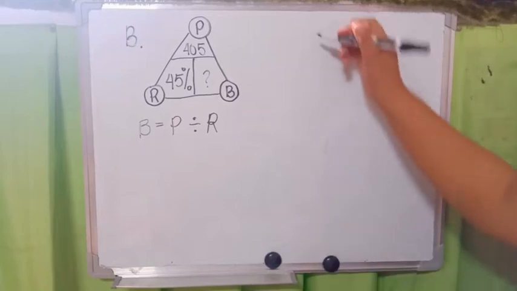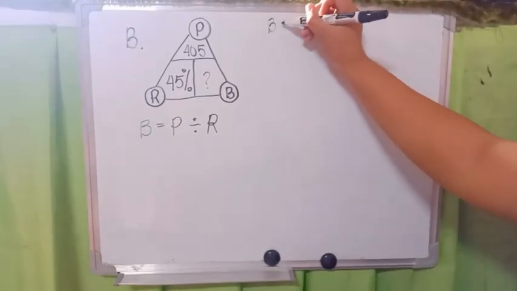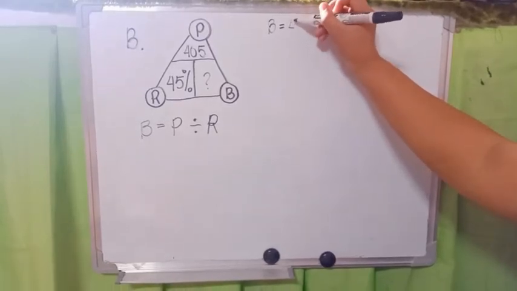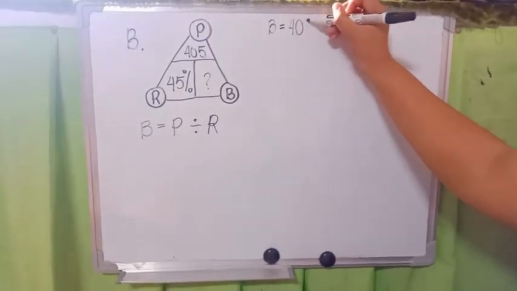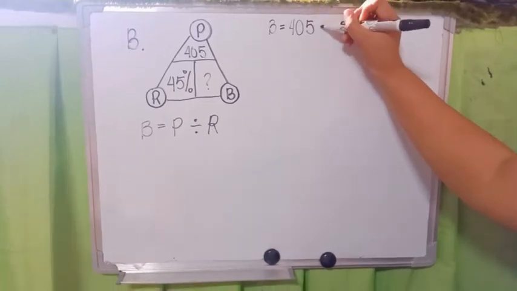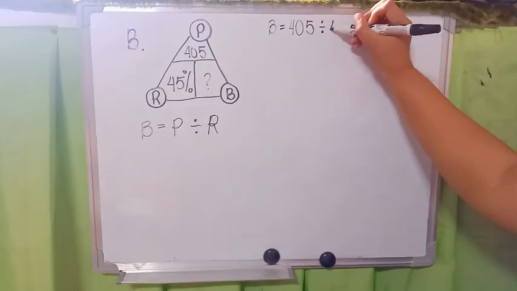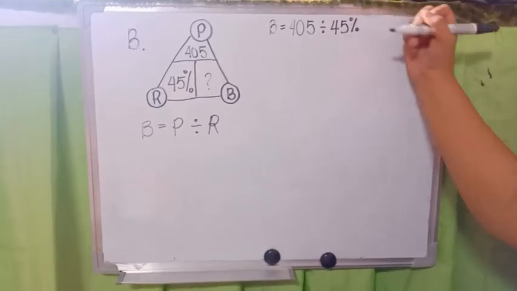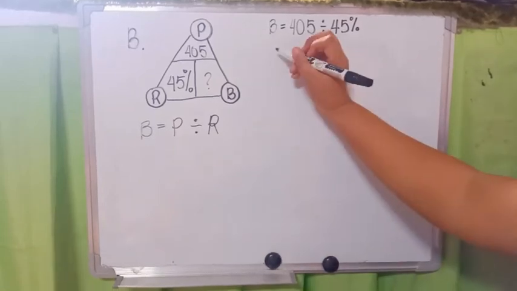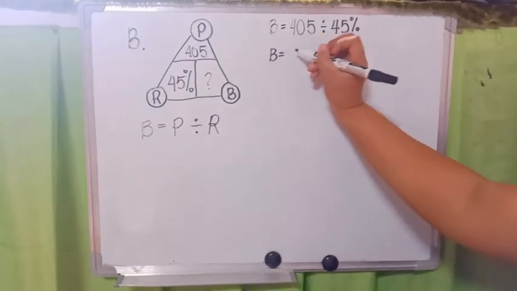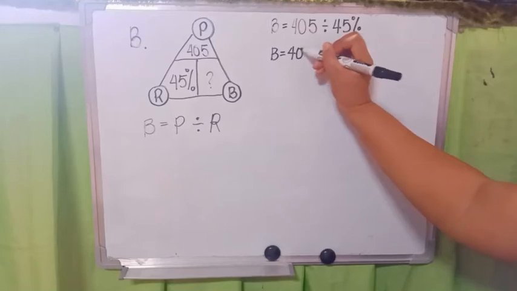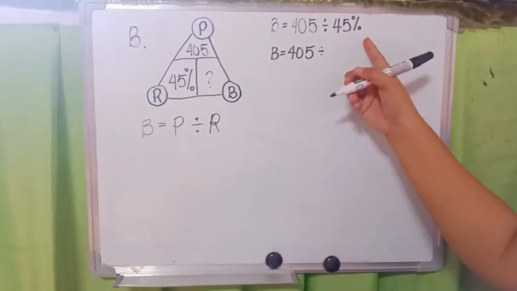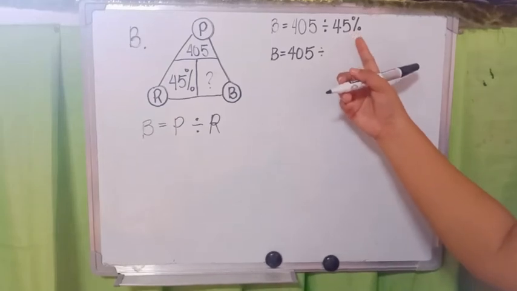So let's do this one. We have the base is equal to the percentage, that is 405, divided by 45%. Again, the same as we did lately, we copy B as base, 405, the division symbol, then convert our percent into a fraction.